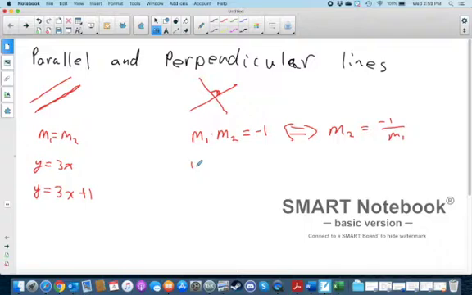So the lines y equals 3x and y equals -1/3 x are perpendicular. So these two lines are parallel. These two lines are perpendicular.